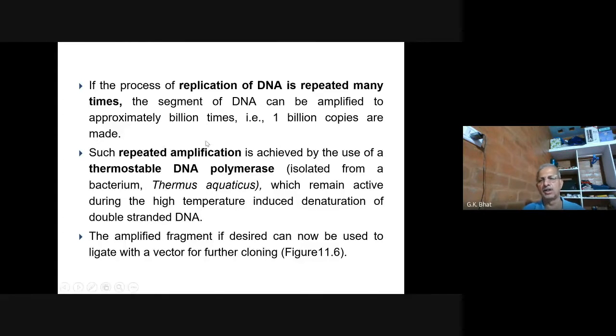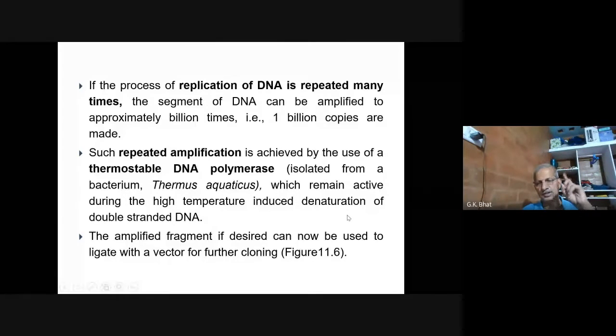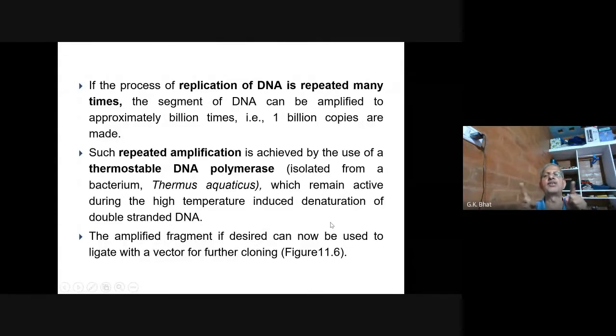You have studied earlier that even if it is heated, DNA will not lose its capacity. By heating, we can make the two strands of the double-stranded DNA separate, but the polymerase is stable.